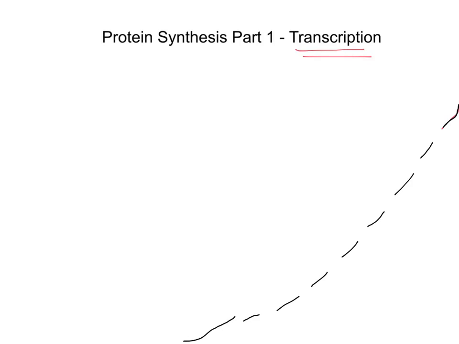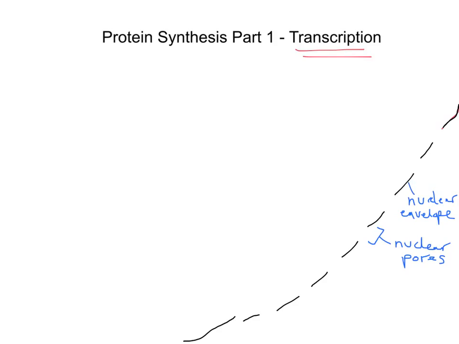If we just label these parts so that we're clear, this is meant to represent our nuclear envelope, and these gaps that we're seeing here would be the nuclear pores. Now the reason I'm putting these in place is because the messenger RNA that we produce will leave the nucleus through one of those pores.